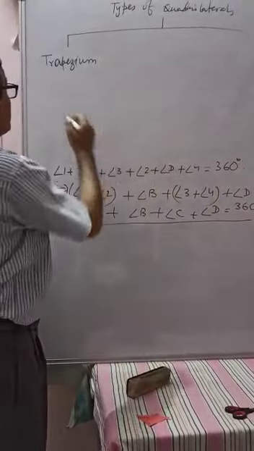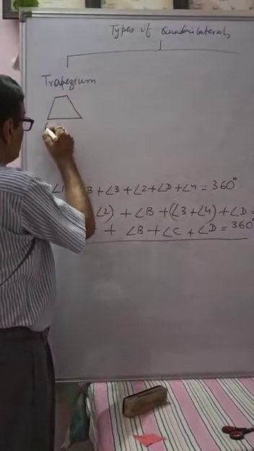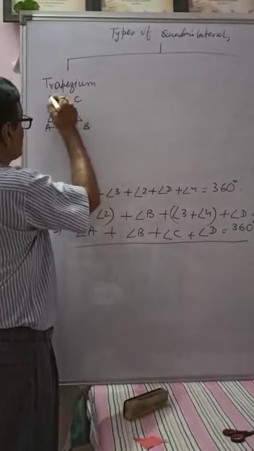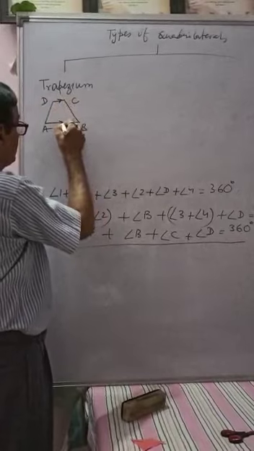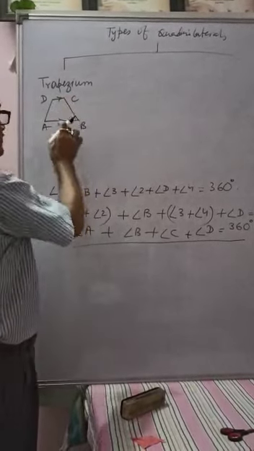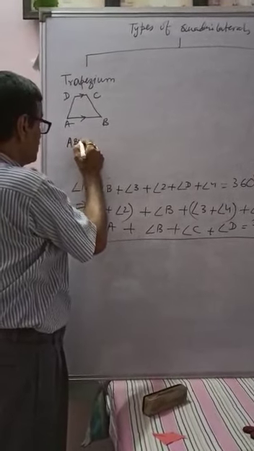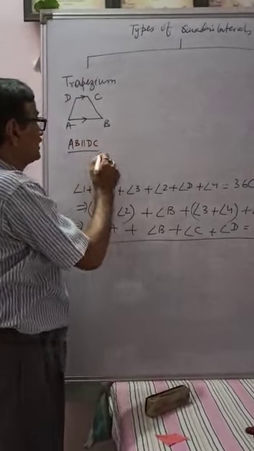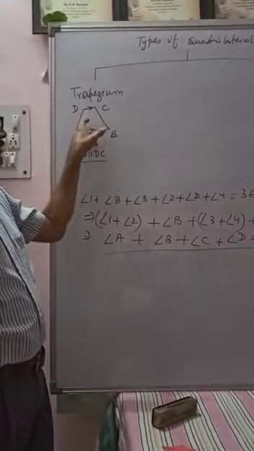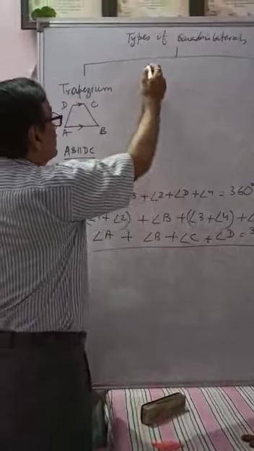Trapezium is a quadrilateral, we can say, in which only one pair of opposite sides are parallel. So here in the figure, ABCD is a quadrilateral in which AB is parallel to DC. So when in a quadrilateral only one pair of opposite sides parallel, then that is known as trapezium.